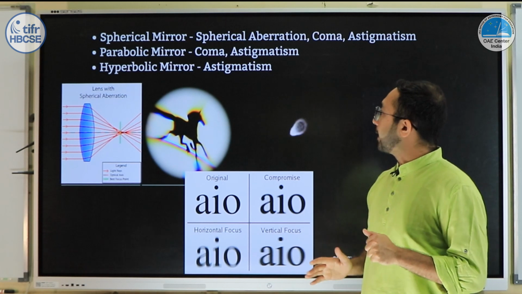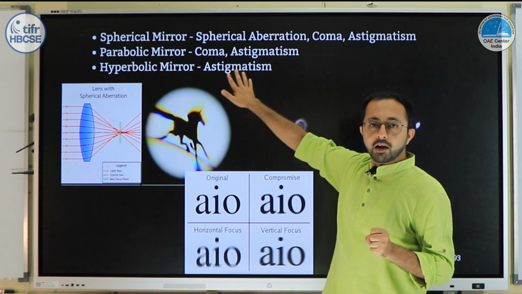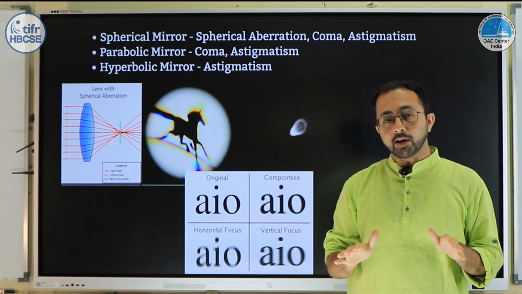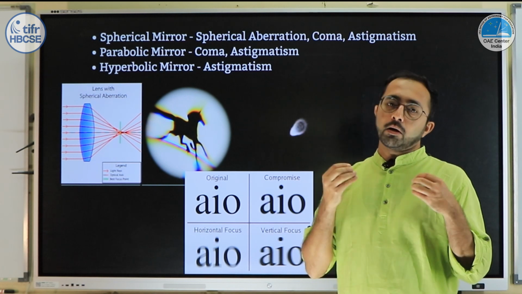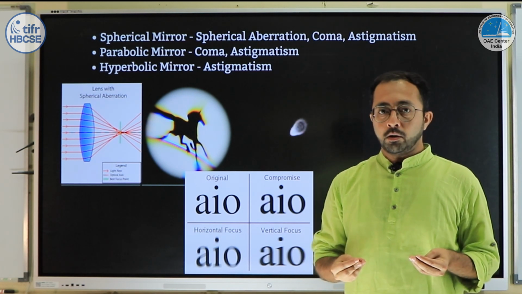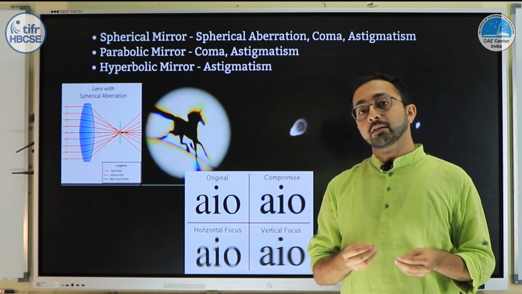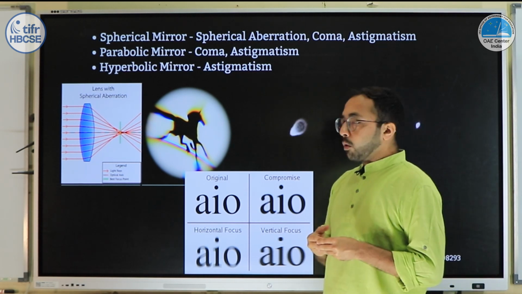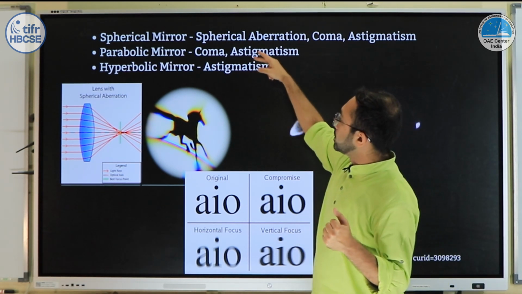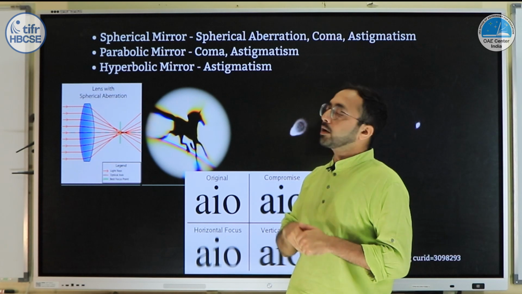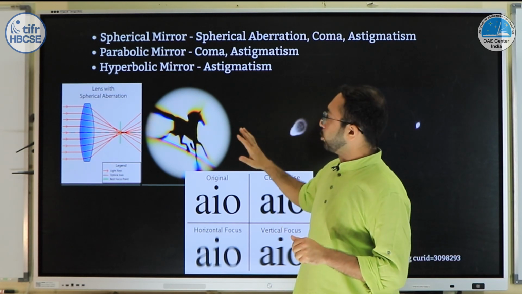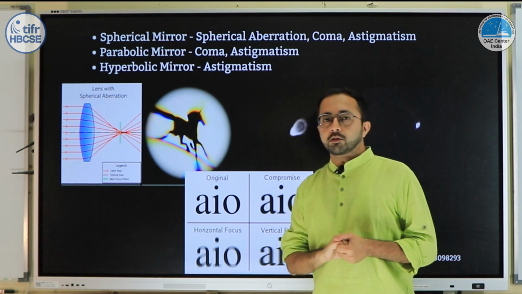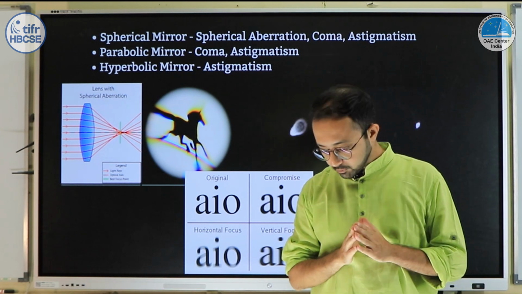I am not saying that if I can make a hyperbolic mirror, I will get a perfect image. There will be some higher order coma effects which we will not talk about in this video, but whatever problems a parabolic mirror or a spherical mirror can give, those problems are more or less solved in hyperbolic mirrors.